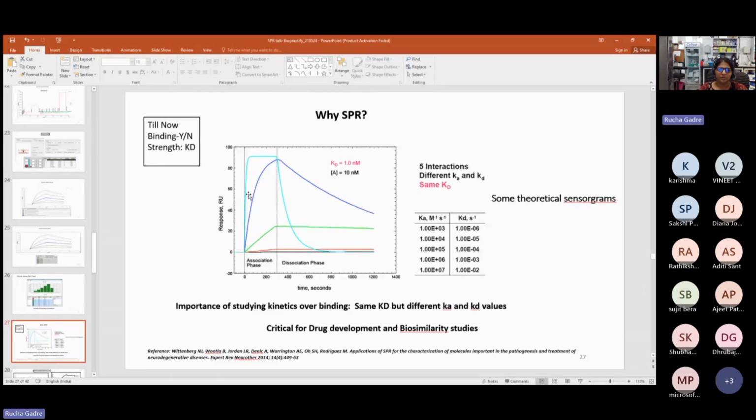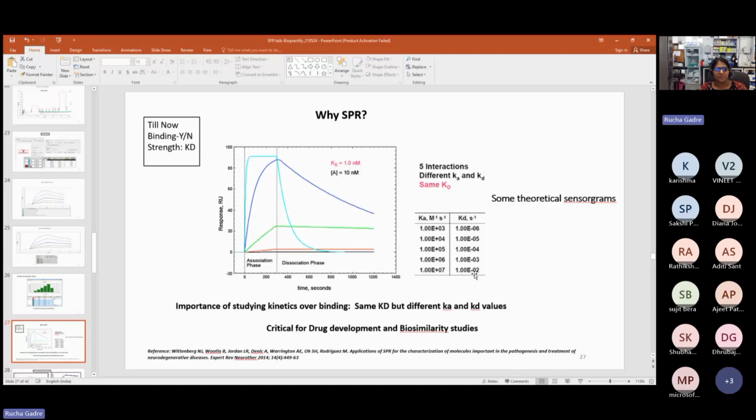Those 4 or 5 sensorgrams are giving the same KD. That means their strength is similar. Then what further information we derive from the sensorgram is that we are getting different Ka and different Kd. That means there is a difference in the on rate and the off rate.